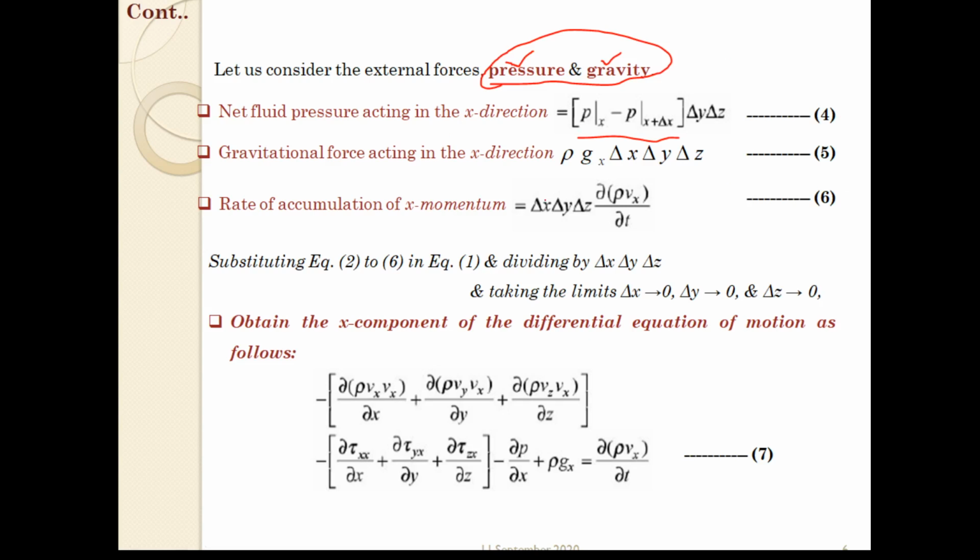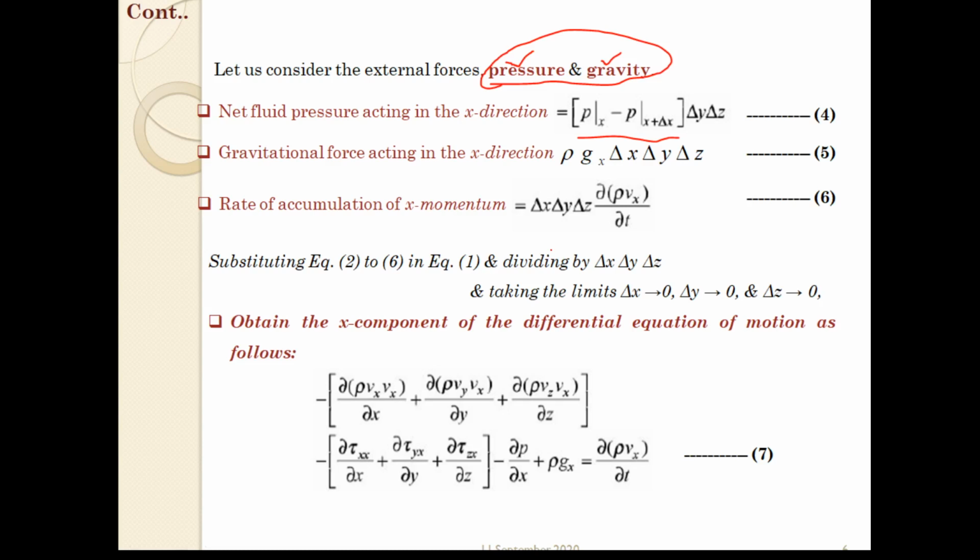So this is for the x direction, and similarly we can get the y direction and the z direction also. We don't need to write each one of those components separately.